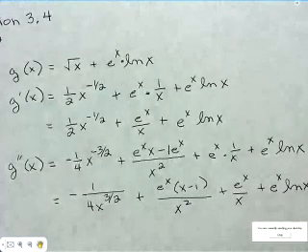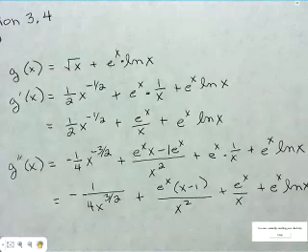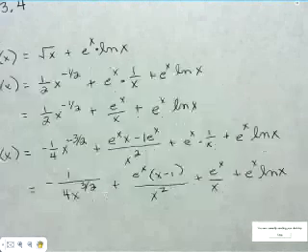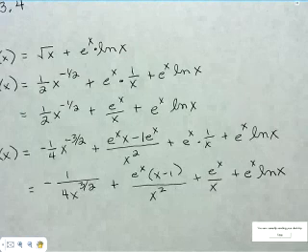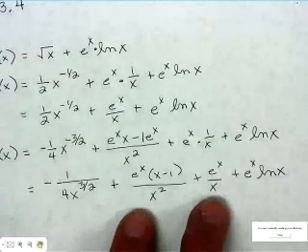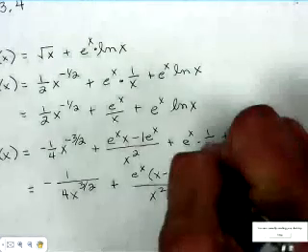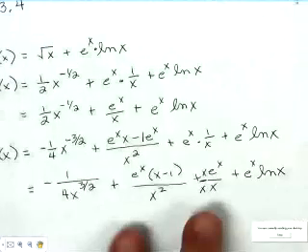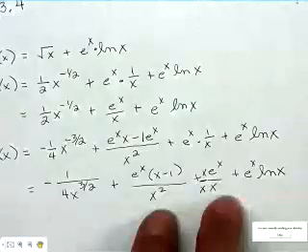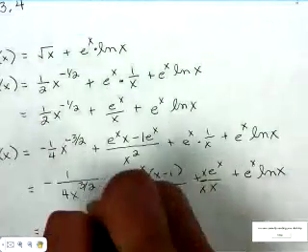The only thing that I can see that may be beneficial, and I promise I'm not going to give you something this hard on the test. You don't have time to spend this much time on one problem. But it would be pretty easy to combine those two terms by multiplying this by x over x to get a common denominator. That gives me a little bit simpler expression, not a whole lot.